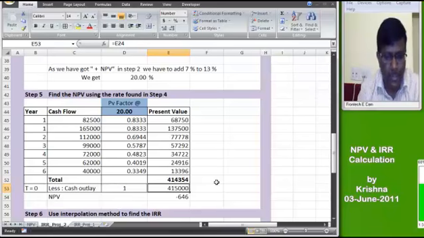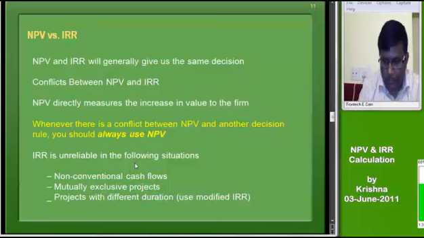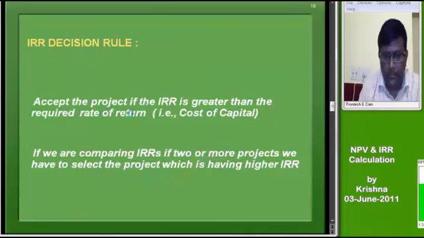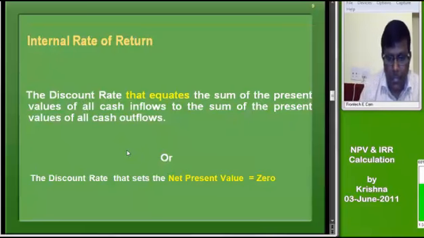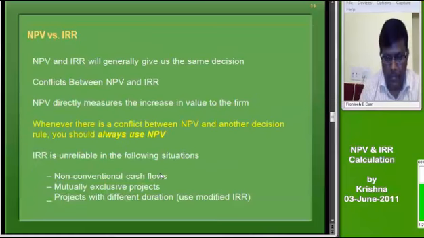In between, the IRR should be there, because according to the formula we saw, the discount rate that sets the net present value equal to 0 is called the internal rate of return.